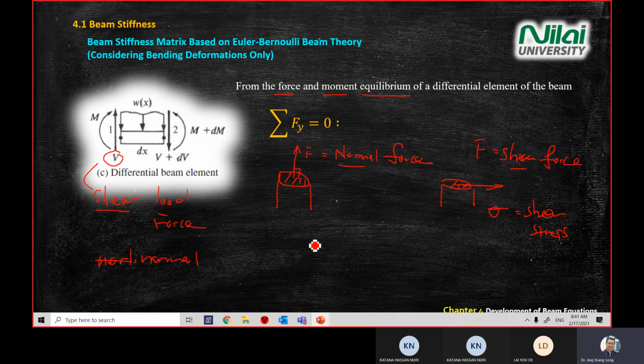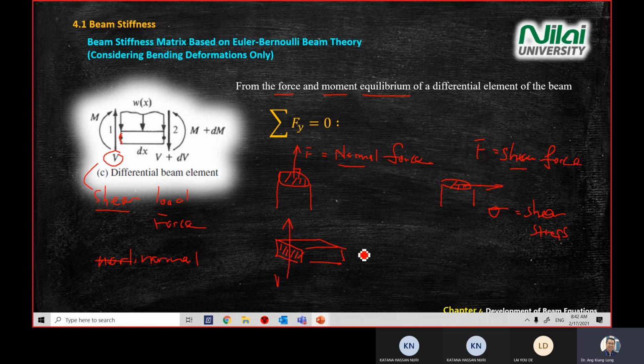In this case, if you look at the diagram, the force is going parallel to the area here, meaning if you have a plate like this, this is the area. So if you have a force that goes parallel to the area here, you have a shear force like that.